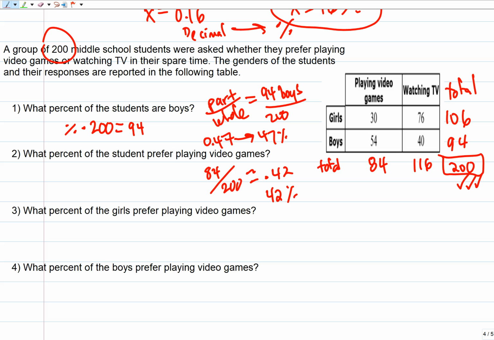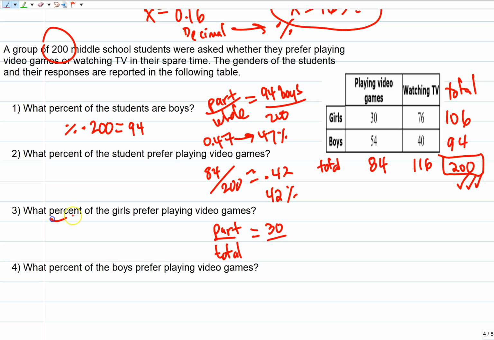What percentage of the girls prefer playing video games? Well, this time, I want to know what percentage of the girls prefer playing video games. How many girls played the video games? 30. That is our part. Our part is the 30 girls that played video games over what is our total. It's not 200 this time because I'm not looking at the entire group.